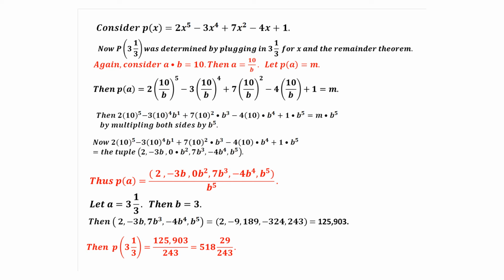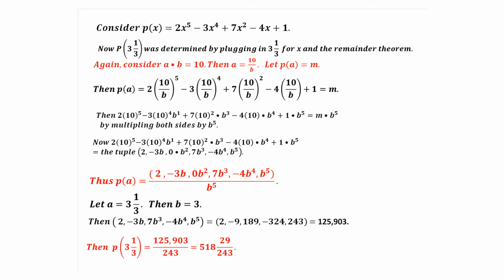That can be written as the tuple 2, -3b, 0 b squared, 7b cubed, minus 4b to the 4th, and b to the 5th, and we got to divide by b to the 5th. If we let A equal 3 1/3, divide 3 1/3 into 10, you will get B is equal to 3.